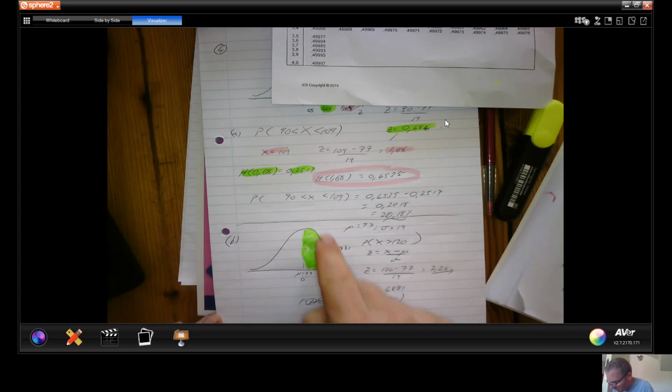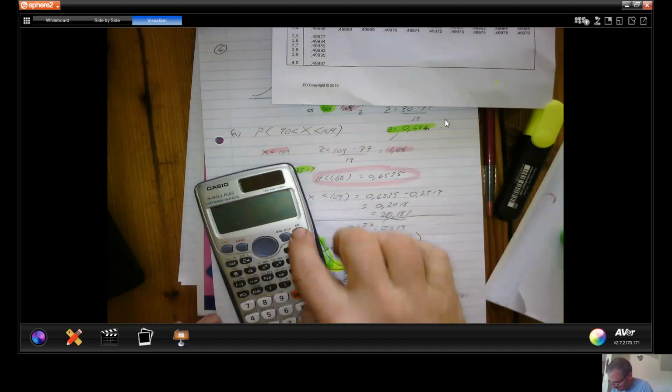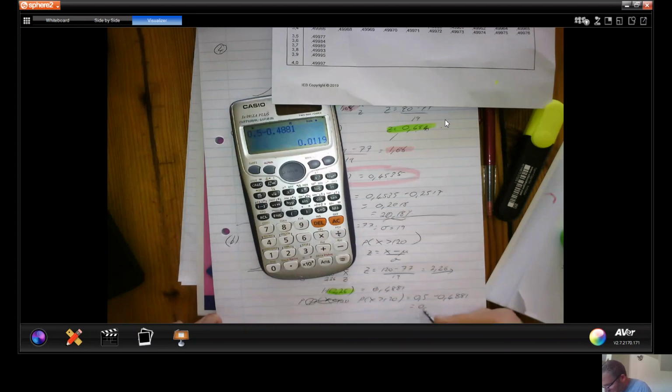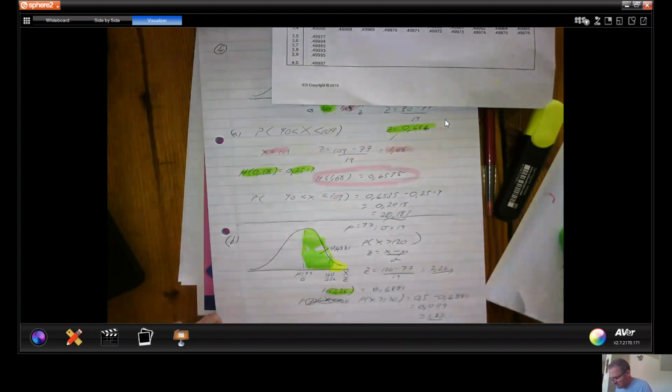That whole region to the right is 0.5, so it's going to be 0.5 minus 0.4881. Voila. And we get 0.0119. So approximately 1.2% of people in this country are of superior intelligence.